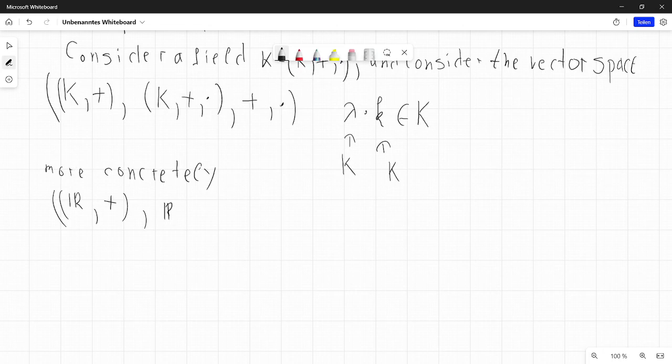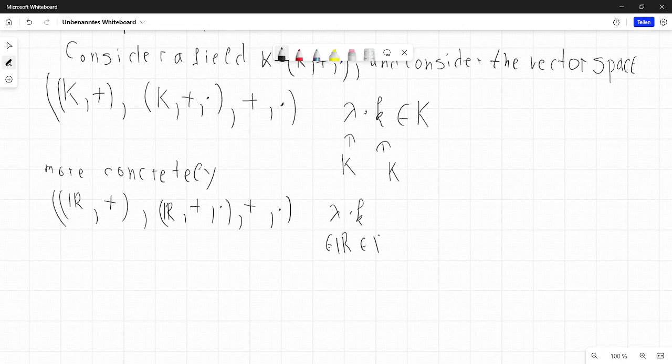R as a field, the operation plus and multiplication, where lambda k is just multiplication of real numbers. You can check carefully that it is indeed a vector space.